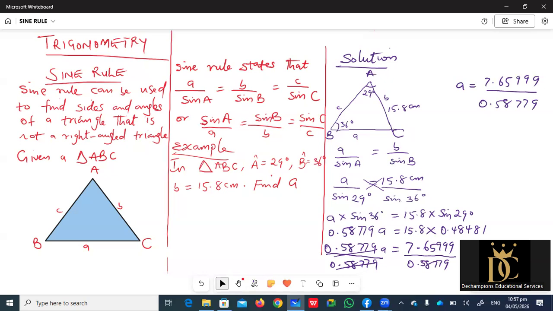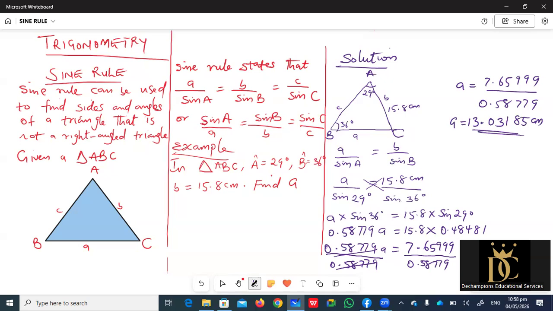When we divide that, we say that a will be equal to 13.03185 centimeters.